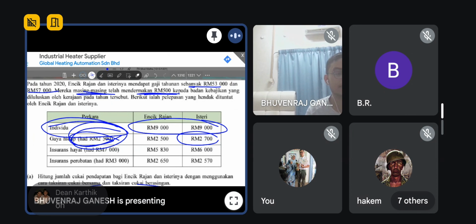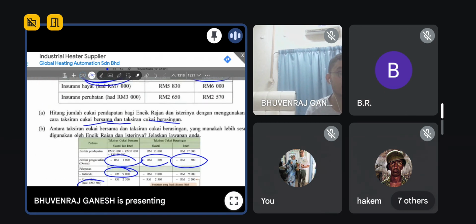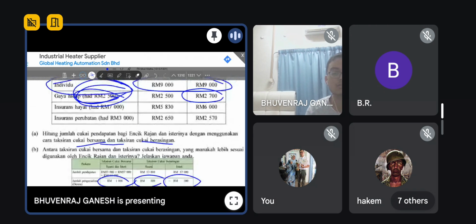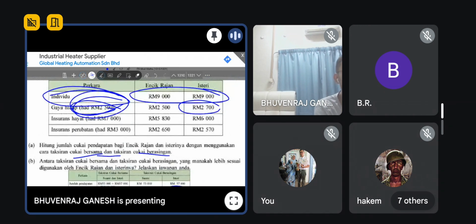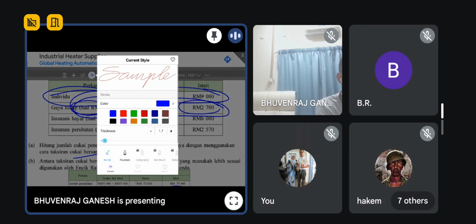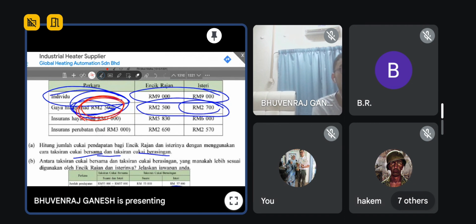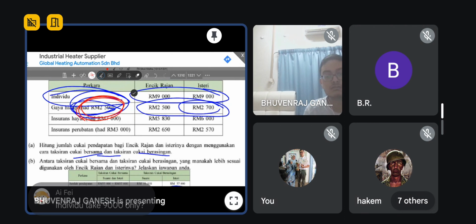If you see the following condition, for example, gaya hidup, lifestyle. So you see here, 2,700 plus 2,500, you will get 5,200. Am I right? 5,200 is greater than 2,500.